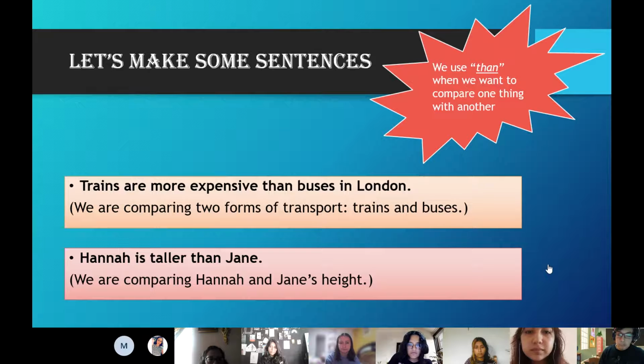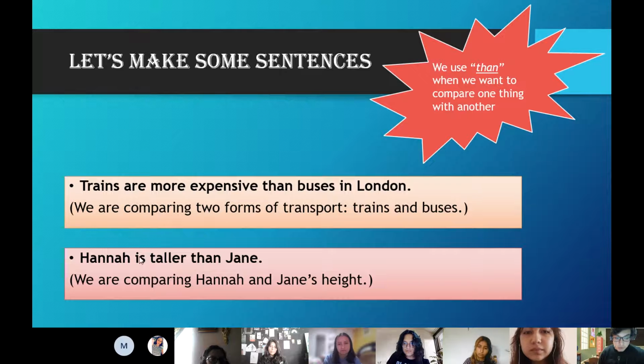Than? Yes, than. Very good. What word is than? Well, we use than, usamos el than, when we want to compare one thing with another. Cuando queremos comparar una cosa con otra, we use than. For example, in these sentences, we have trains are more expensive than buses in London.